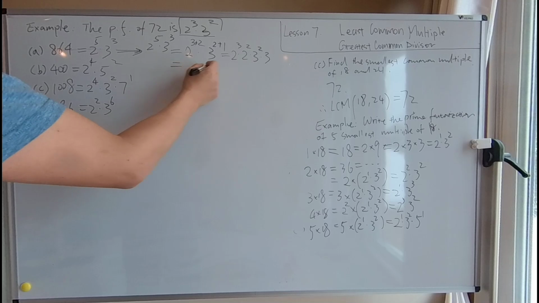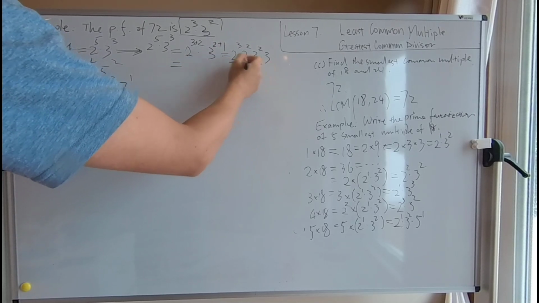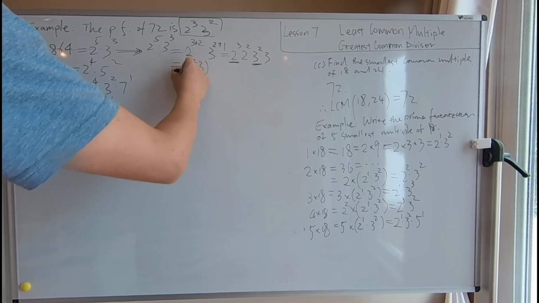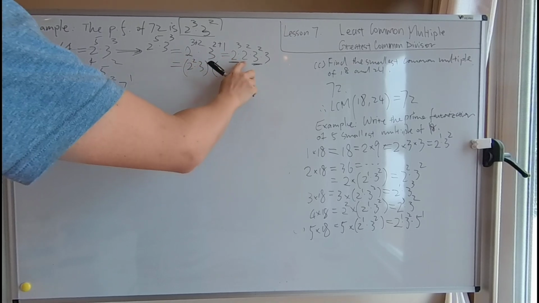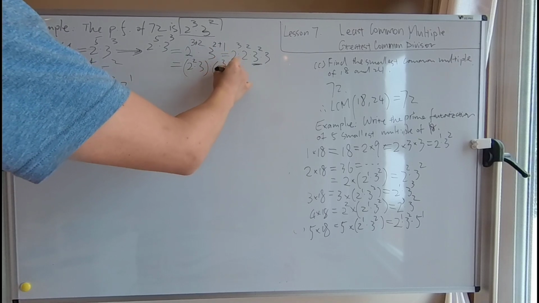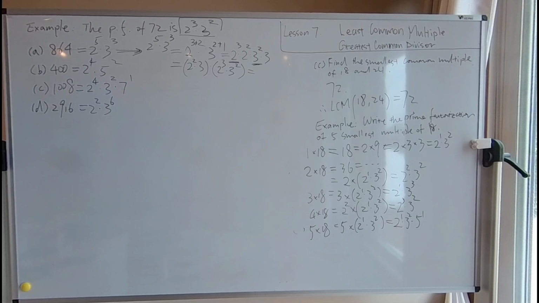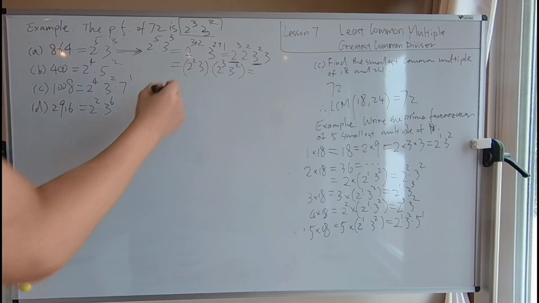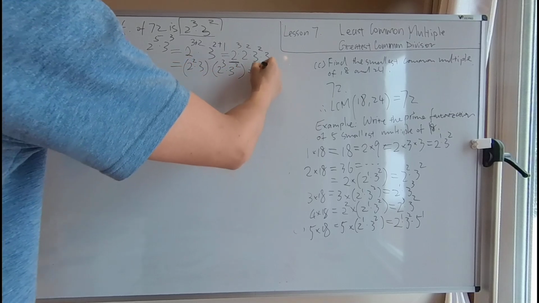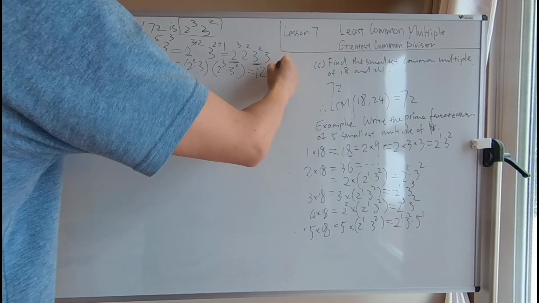Then if I reorder my target numbers together and put all the other numbers in another place, you have 2 squared times 3 and times 2 cubed 3 squared. I don't even need to write them further, but let me write one more step. Here 2 squared is 4, times 3 is 12, so it's 12 times whatever is inside this bracket.